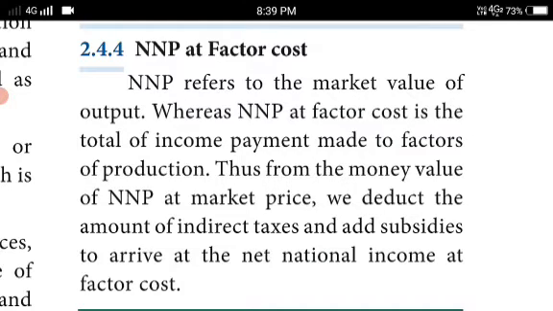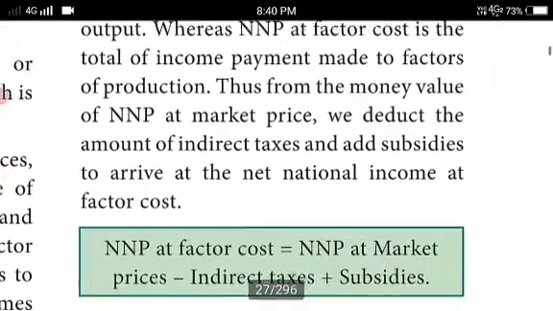NNP at factor cost means NNP at market price minus indirect taxes plus subsidies. Here subsidies are given by the government to the producers and indirect taxes are paid by the producers. Then only we can say NNP at factor cost.